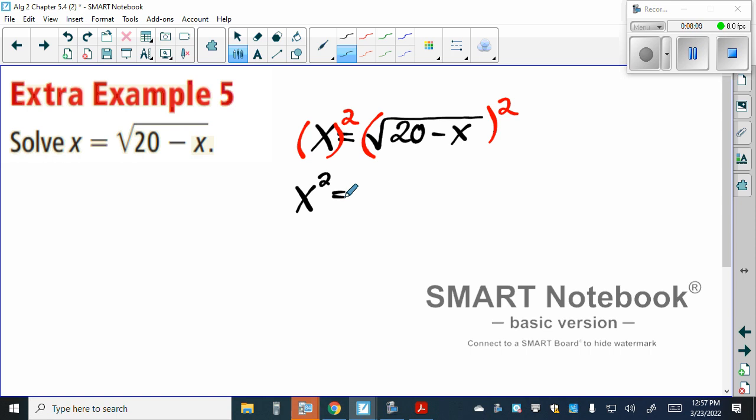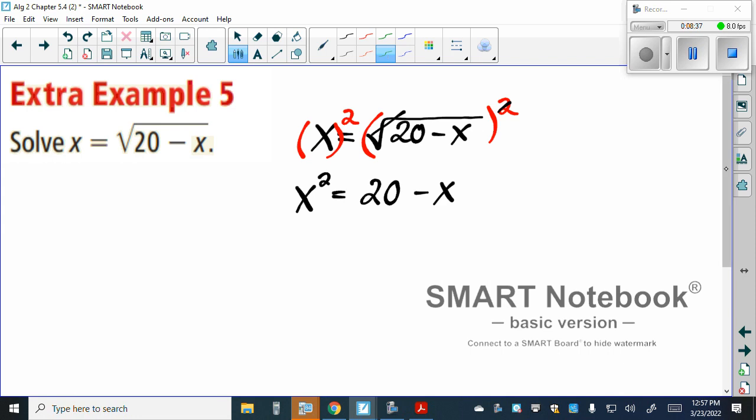Now when we square the square root of 20 minus x, we get 20 minus x, because the square root and square will cancel each other out. They will simplify out, leaving us with 20 minus x. Any questions on this so far?